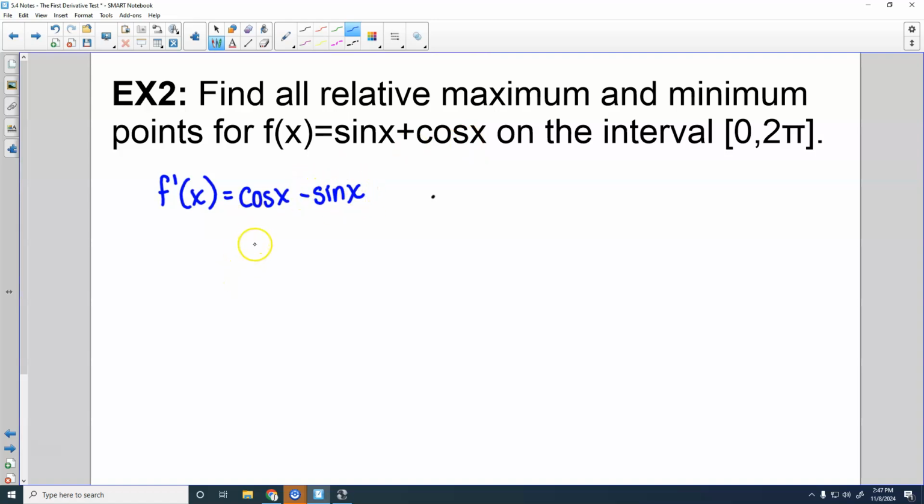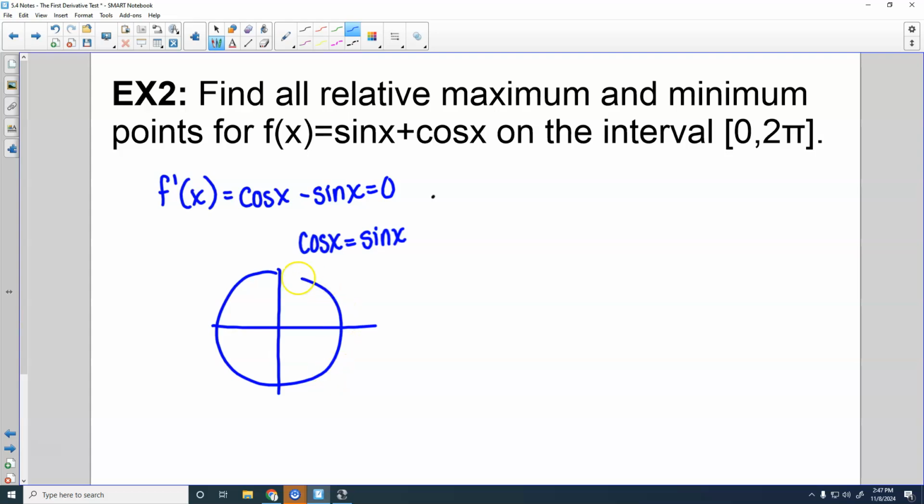And so you are going to set that equal to 0, which means that you're looking for where cosine x equals sine x. If you take this sine x right here and move it over to the right-hand side, you don't have any strategies really for solving that, you just need to think about what the unit circle looks like. And on the unit circle, where do sine and cosine have the same values?